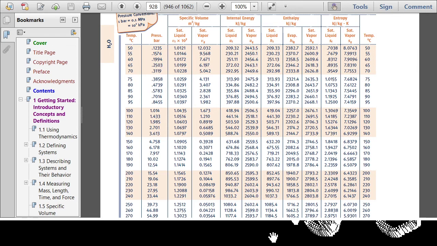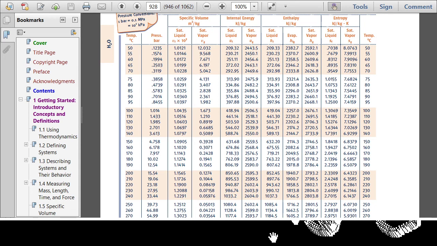We know from the table that Vf is 1.0291 times 10 raised to power minus 3 and Vg is 3.407.